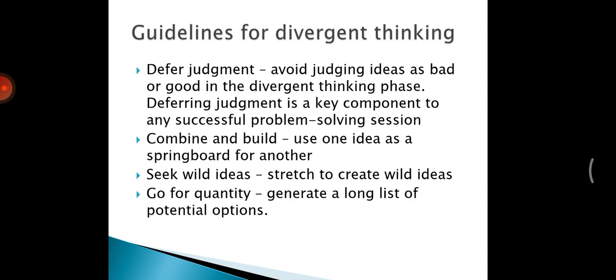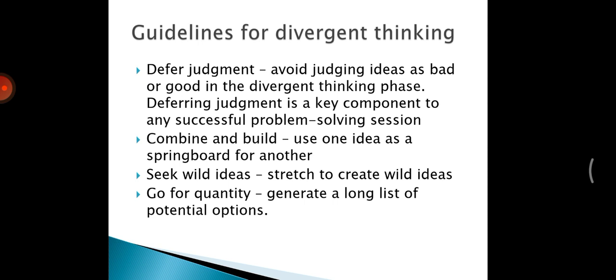So if you see the guidelines for divergent thinking: defer judgment. Avoid judging ideas as bad or good in divergent thinking. Since we generate a lot of ideas and options, avoid judging in the thinking phase itself. Then combine and build: use one idea as a springboard for another.